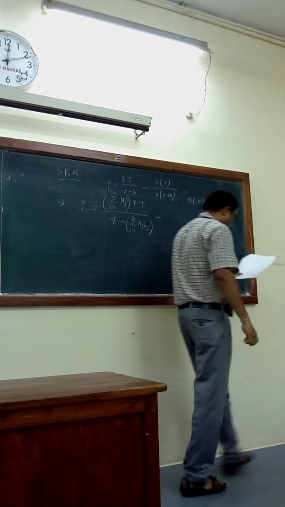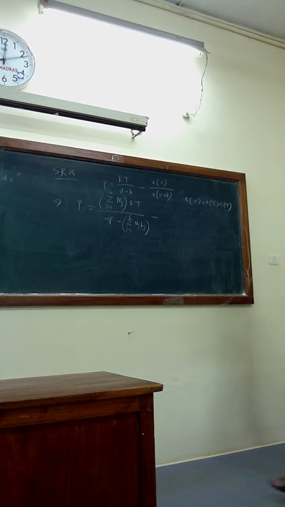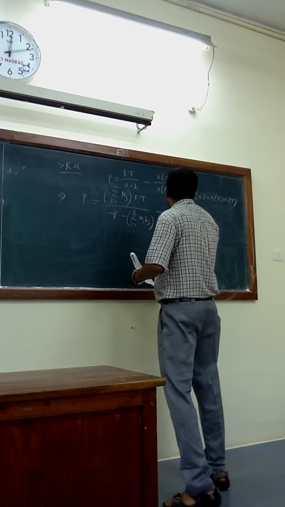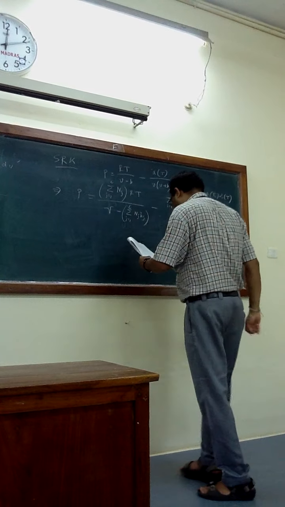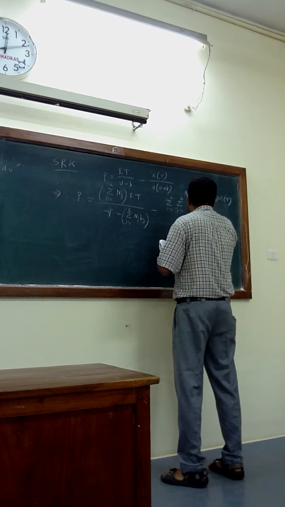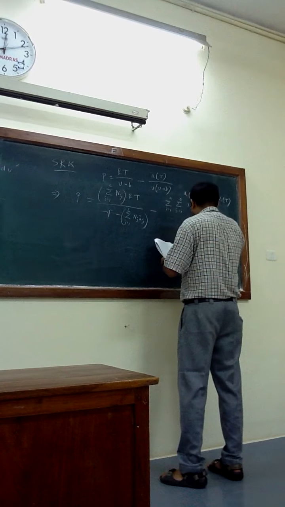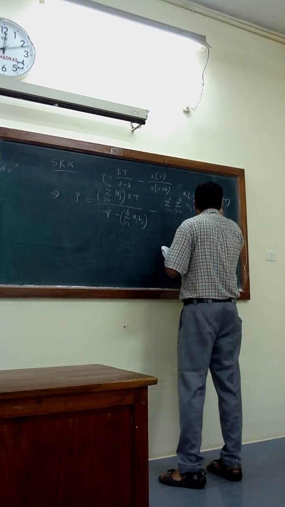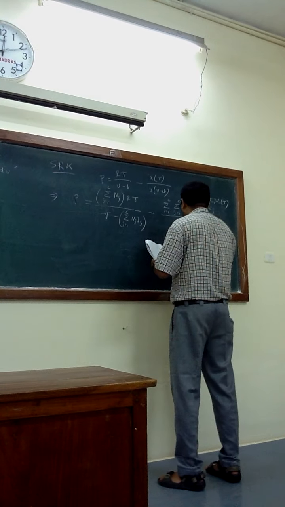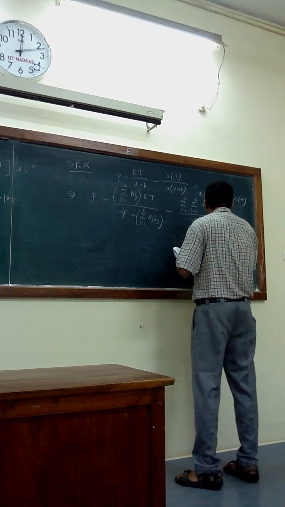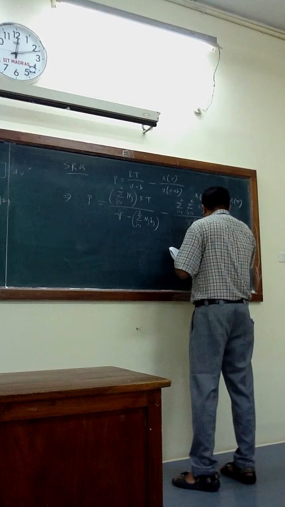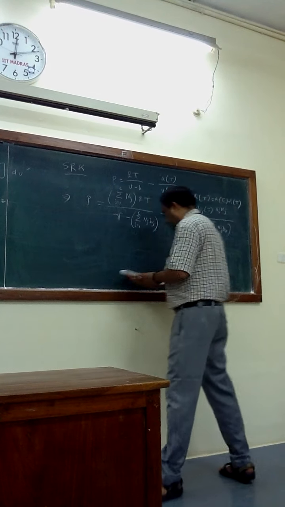Then summation i equals 1 to C, summation j equals 1 to C, n_i n_j a_ij(T) divided by capital B into capital B plus summation j equals 1 to C n_j b_j. Okay.